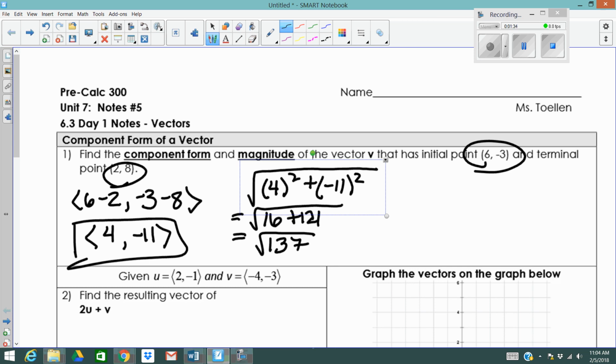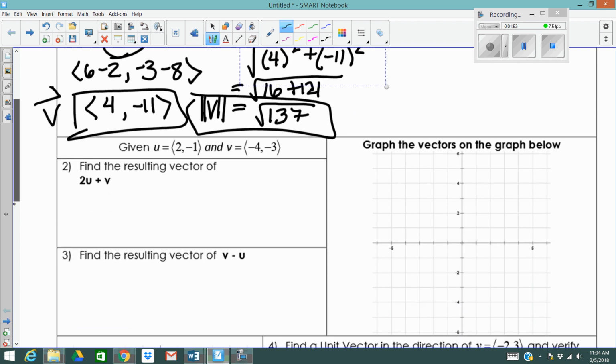If the radical simplifies, you should simplify the radical. We're going to call this vector v, and then this is the magnitude of vector v. So that is how you represent a vector in component form, and that is how you find the magnitude, or the length, of a vector.